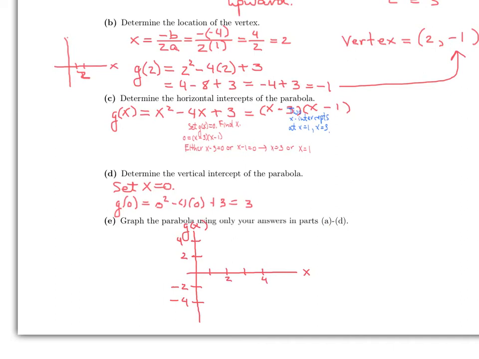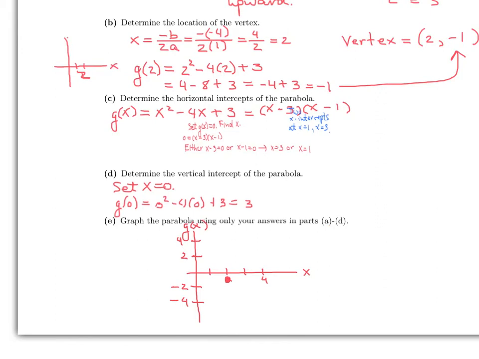Okay, part A from this example told us that the parabola opens upward, so we should expect that. In part B, we determined the vertex of this parabola. It is at the point 2, -1, which would be right about here.